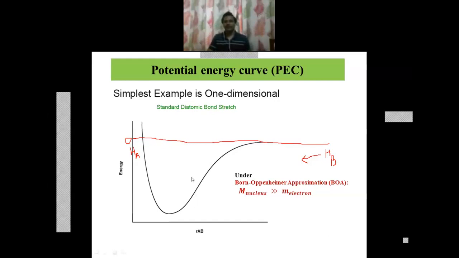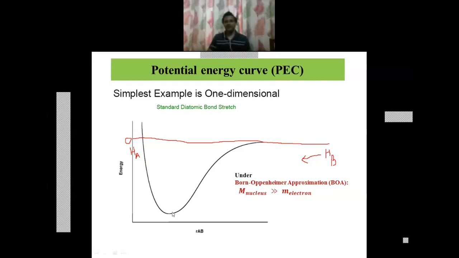Under the Born-Oppenheimer approximation, we separate the nuclear motion, that is the vibration, from the electronic motion. We solve the Schrodinger equation of the electronic motion for a fixed nuclear distance, and then we plot one by one and get this potential energy curve, right?